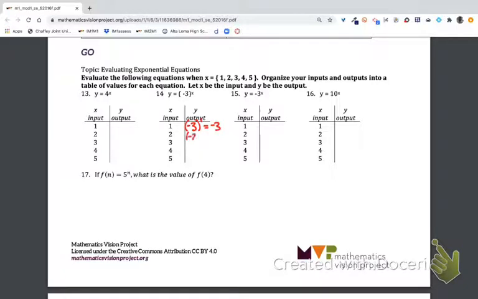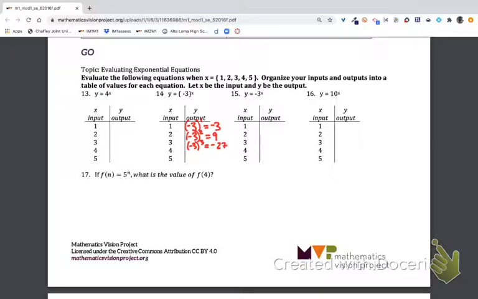Then (-3) to the second power, which means -3 times -3 gives me 9. Keep on going, (-3) to the third gives me -3 times -3, which is 9, times another -3, which is -27.